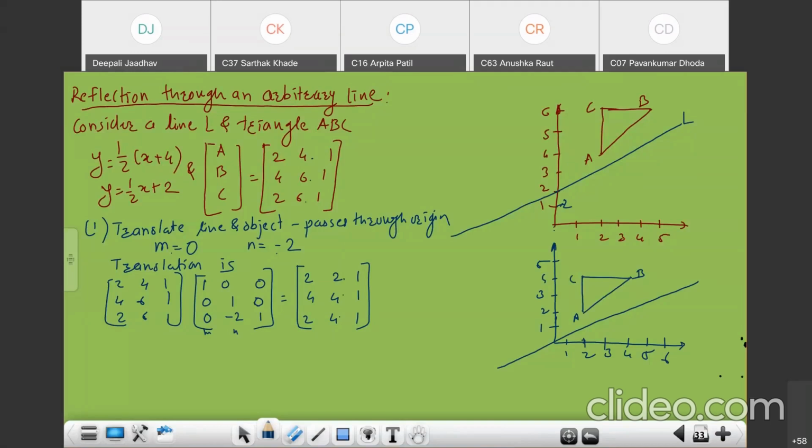It is translated so that the line passes through the origin. Only translation of the line is not sufficient. We need to translate the object also. After that, the next step.